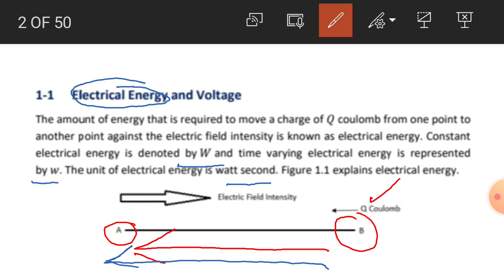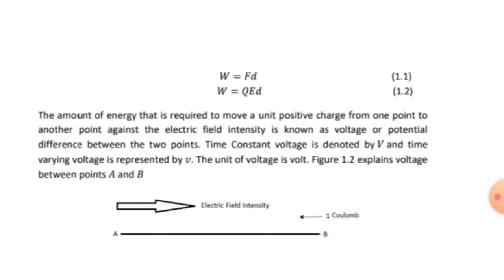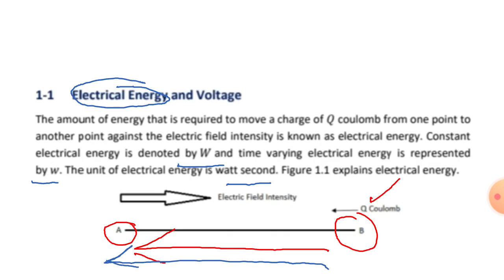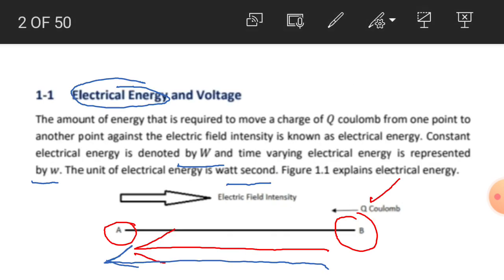So if we want to calculate the electrical energy which is required to move this charge of q coulomb from the initial position B to the final position A against the electric field, we need to know the distance between these 2 points.